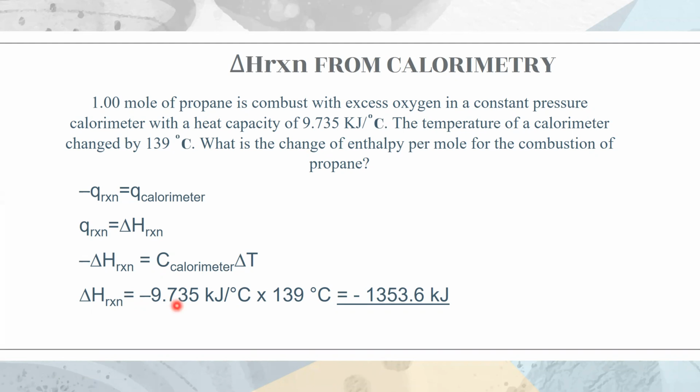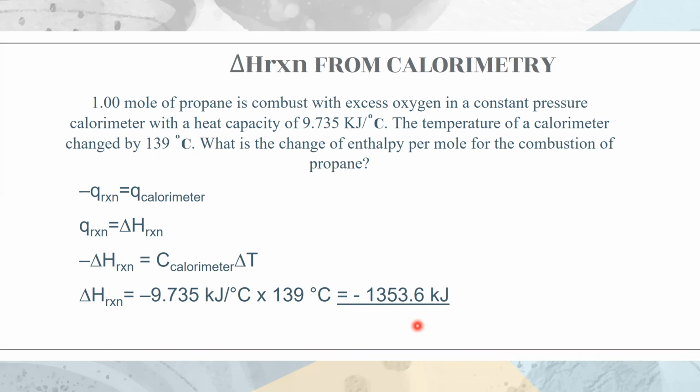So for our C calorimeter, we have minus 9.735 kilojoules over degrees Celsius times our temperature, which is 139 degrees Celsius. And when we solve for this, then we have minus 1353.6 kilojoules.